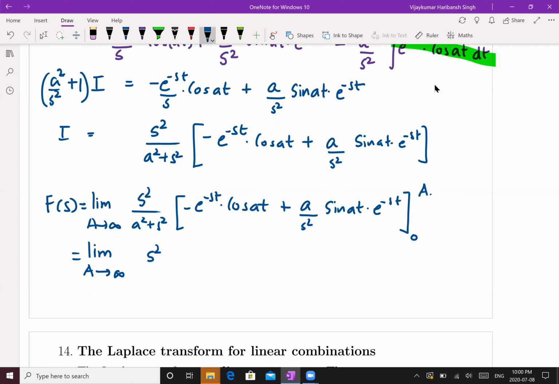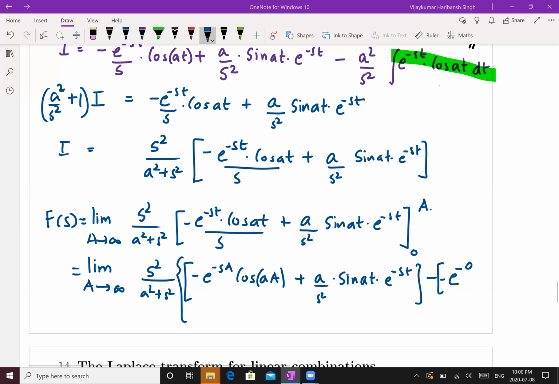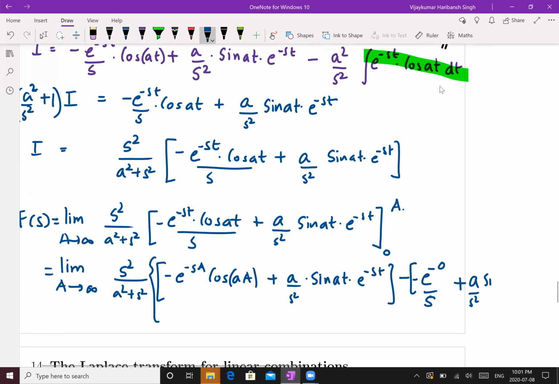When you put a, you get e to the power minus s a cos of a plus a by s square sine of at times e to the power minus st. Minus, when you put 0, the exponential becomes e to the power 0, and the sine of 0 term becomes 0.